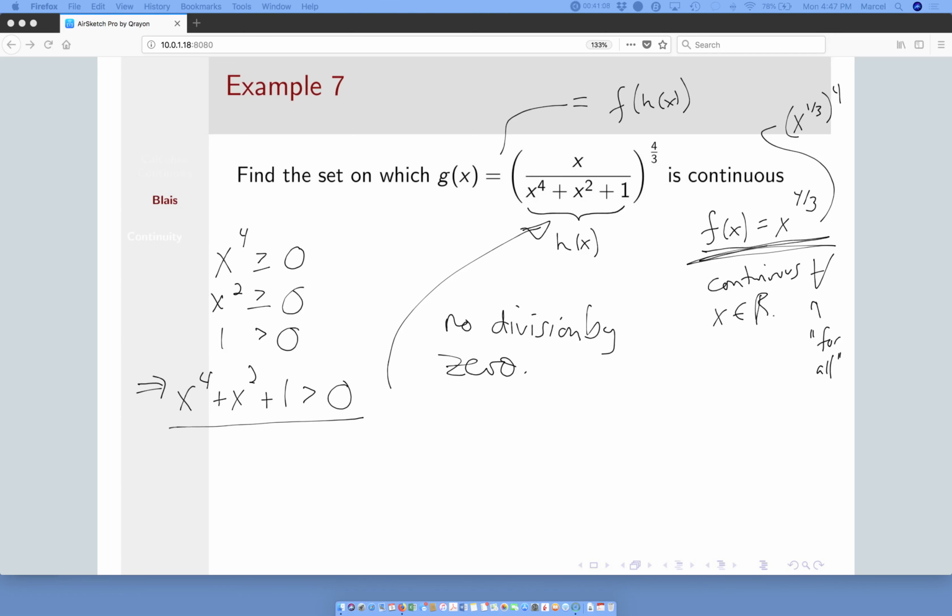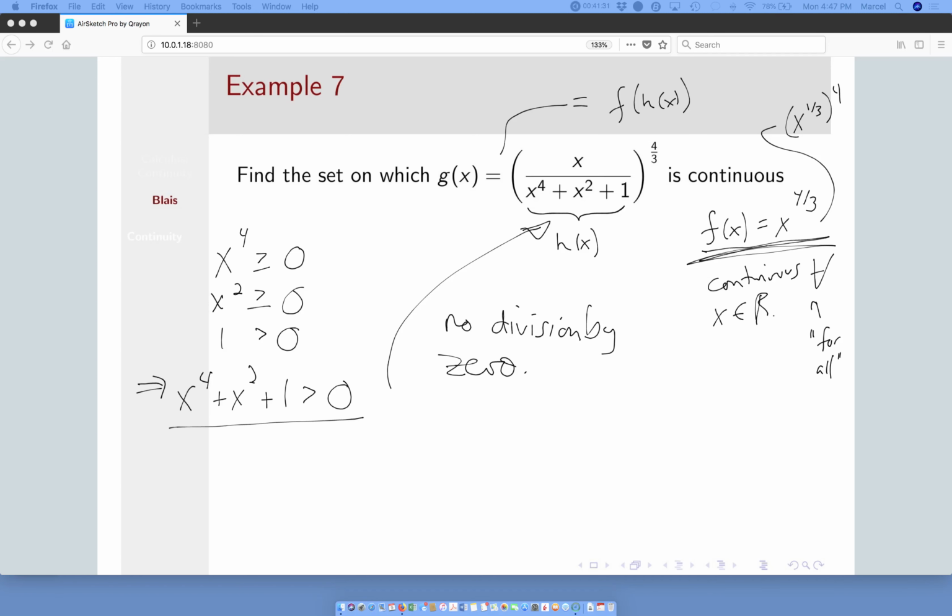So this function, again, is this composition. The outer function, x to the 4/3, is fine. There's no type of discontinuity with that function. And for the inner function, the only type of problem we can have for a rational function is if the denominator is 0. And there's no x for which that can happen because of what we just saw here.